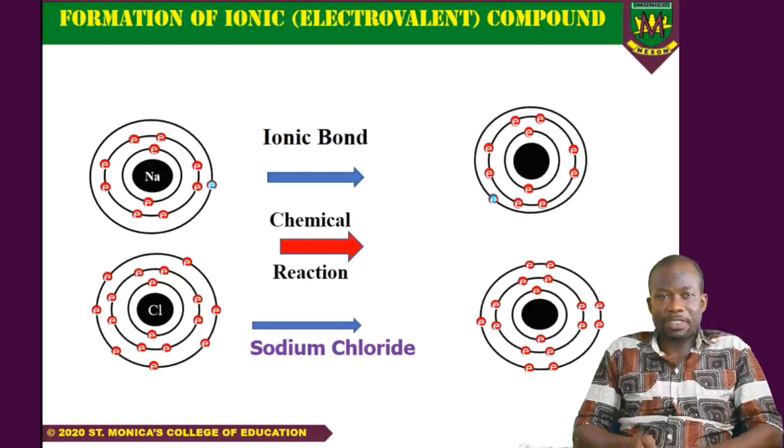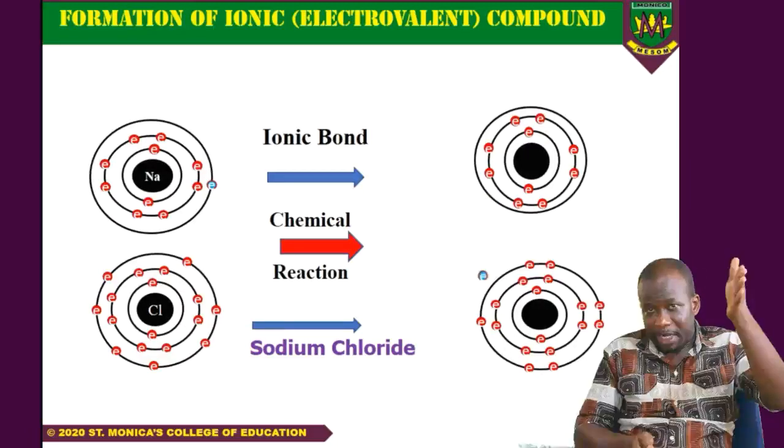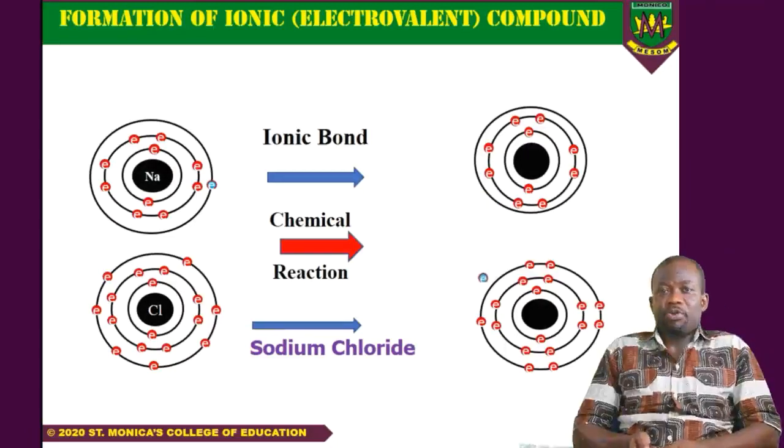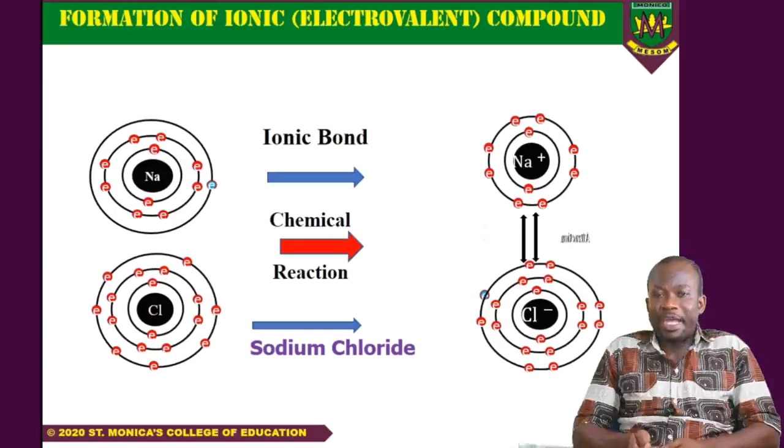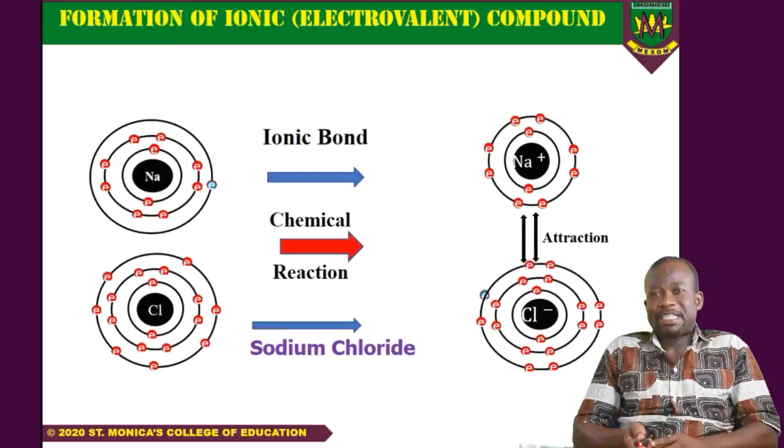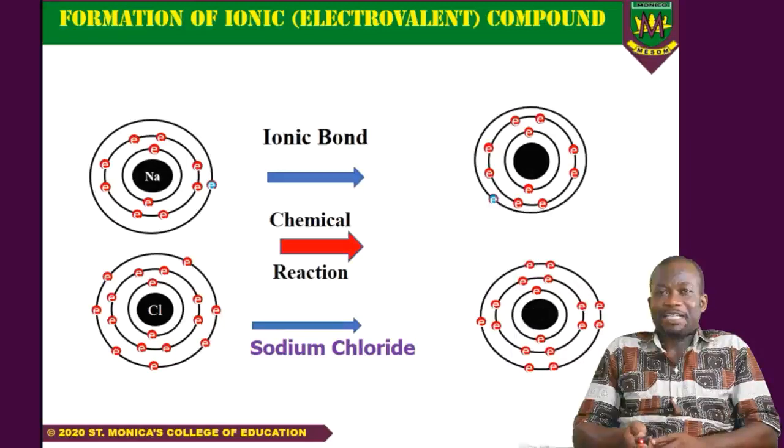Now what happens is that in the formation of sodium chloride, this sodium is going to give this last electron on its valence shell, which prevents it from achieving stability, to the chlorine. So that the chlorine having 7 on its outermost shell will now gain 8. And so when the sodium gives out the 1, it will be left with this shell that has 8 electrons as its valence shell.